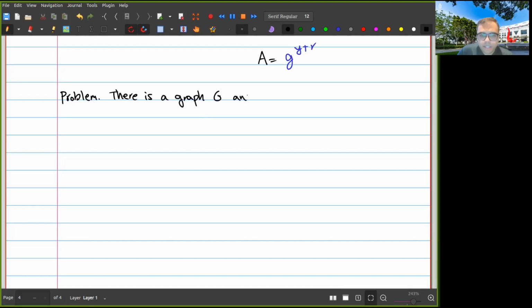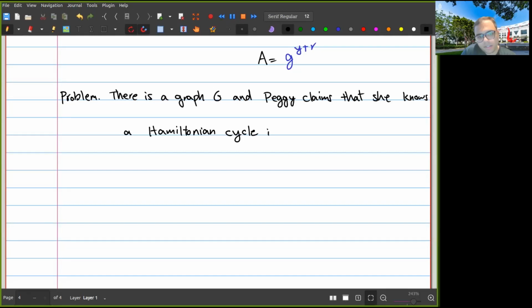And here's Peggy's claim. Peggy claims that she knows a Hamiltonian cycle in G. And remember, in a graph, a Hamiltonian cycle is a cycle that sees each one of the vertices exactly once.